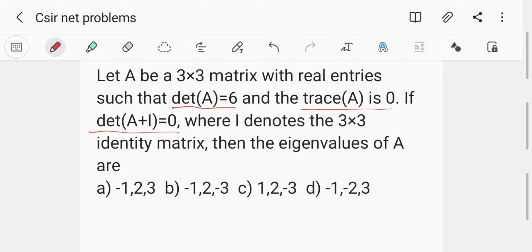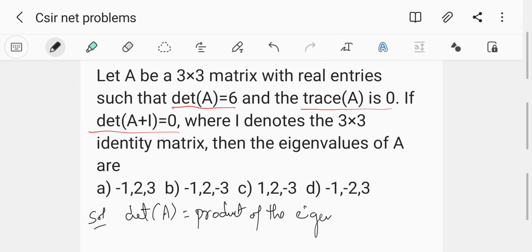First of all, we must know the relationship between the determinant and the eigenvalues. The product of the eigenvalues gives the determinant of the matrix.